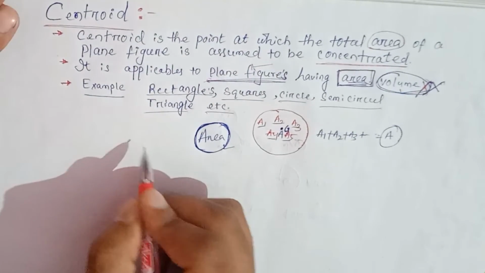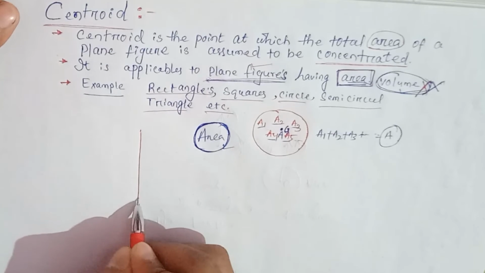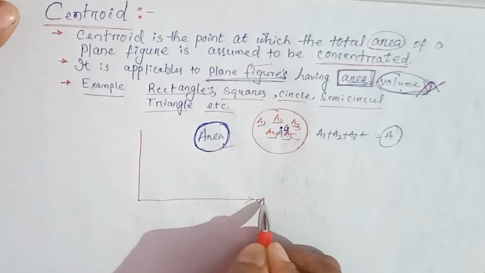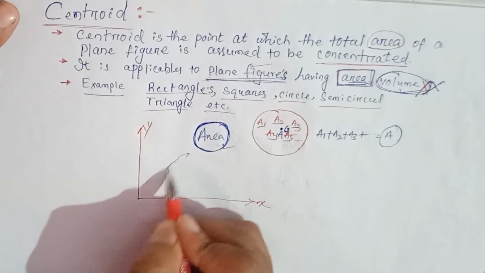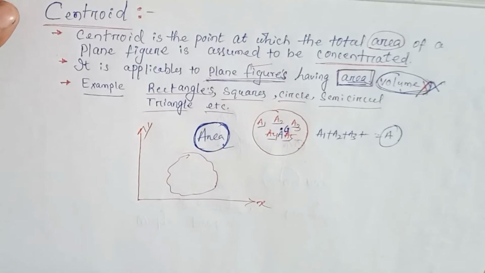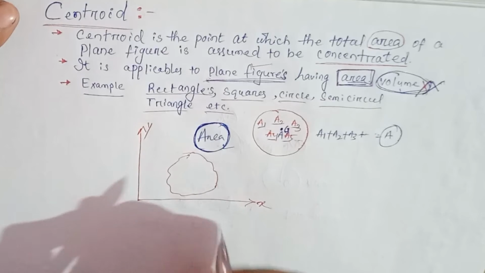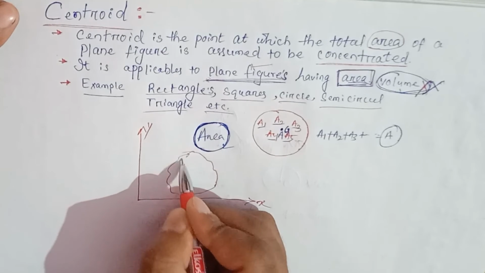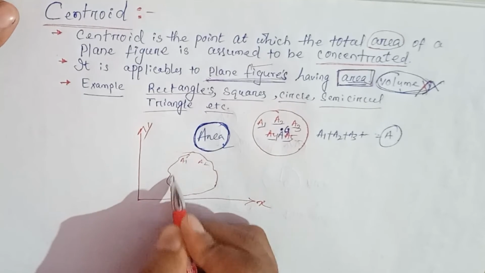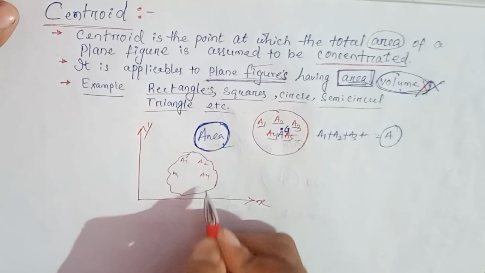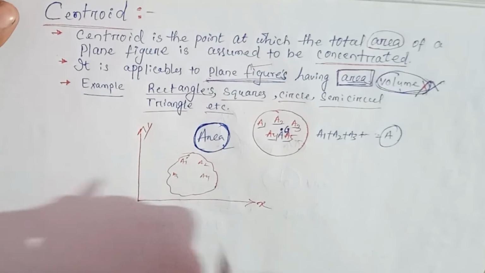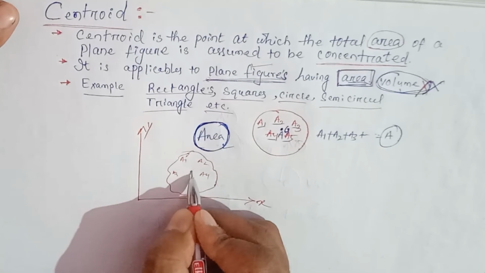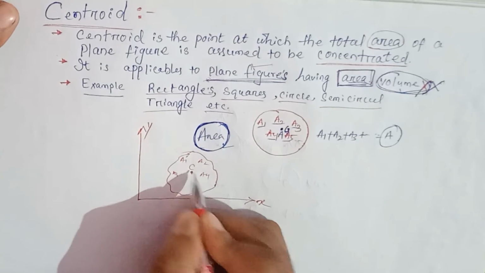Okay, so here the axes like that, we know this is the x-axis, this is the y-axis. Suppose this is the plane figure. Okay, so different areas like A1, A2, A3, A4 are acting in the figure, and we will take here centroid, meaning the middle point, as the centroid.